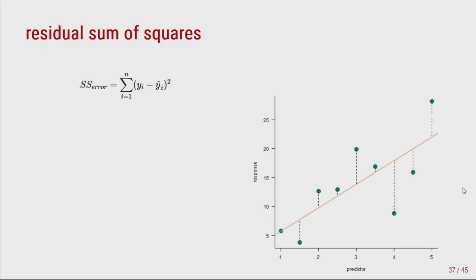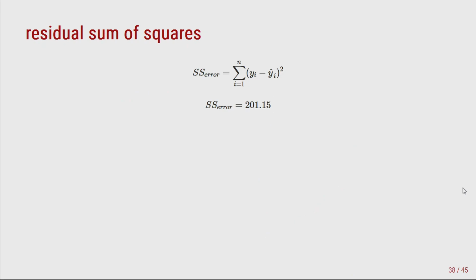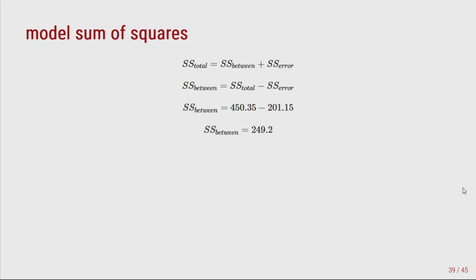We square that, sum that, and we get 200. With that, we can calculate the other component, the model variance that is missing here. This is very basic algebra, and here we can calculate the model sum of squares. So the total variance in our model is 450. The error variance, explained by the error component, is 200, and the rest is what is being explained by our model.